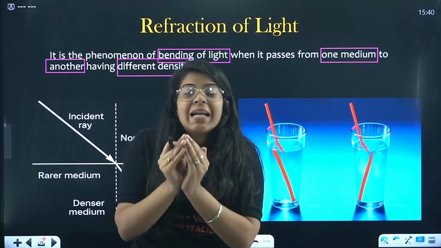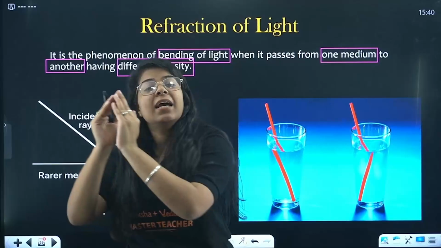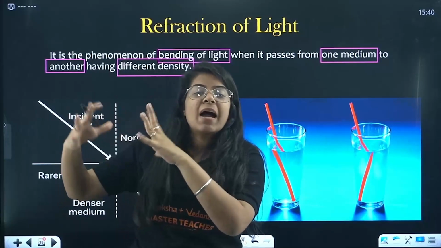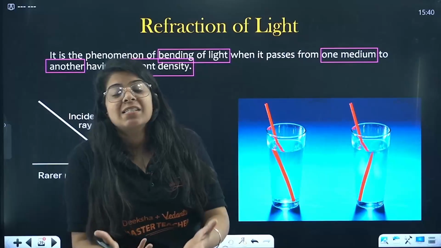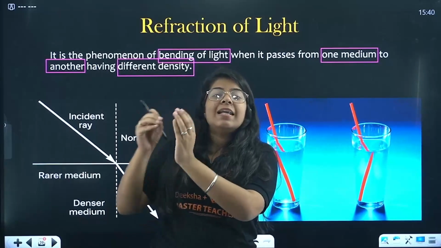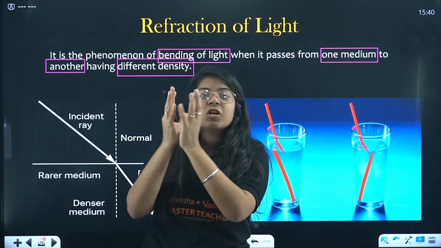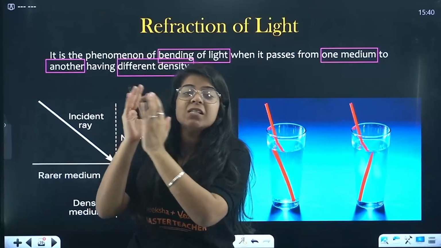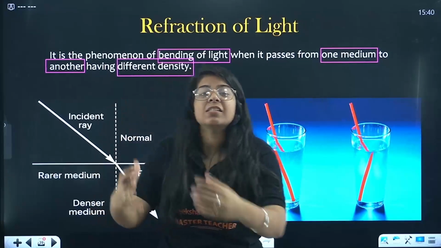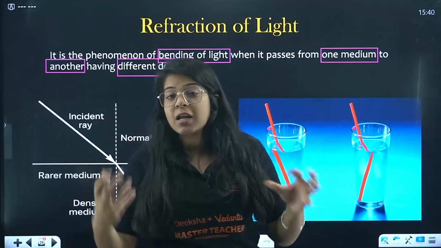Particles will be more tightly packed, correct? In air, they will be loosely packed, they have so much space, so their density is different. Here the particles are less dense. Dense is how much, ghana in Hindi we say. More particles, more density. Less particles, less density. Water has more density, air has less density.